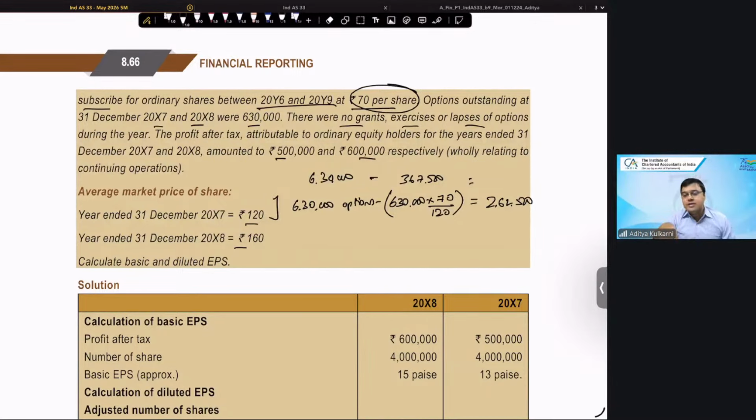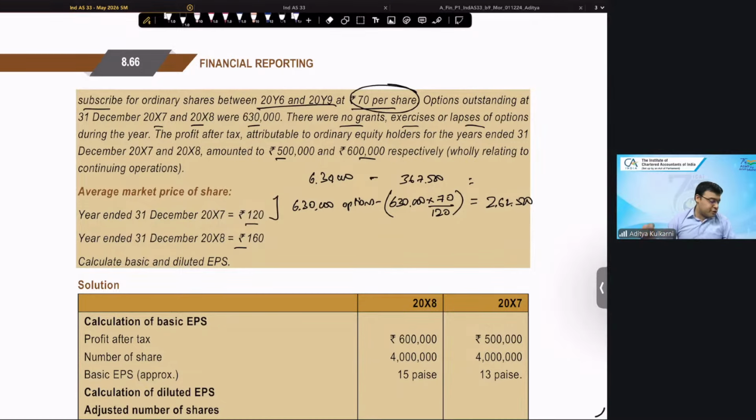It is potential due to pure passage of time, nothing else. In the case of convertible debentures, I got the money already when I issued them. Now, because of passage of time, my debentures get converted into shares. There is no action required from my side. That is why it becomes a candidate for being classified as a potential equity share.